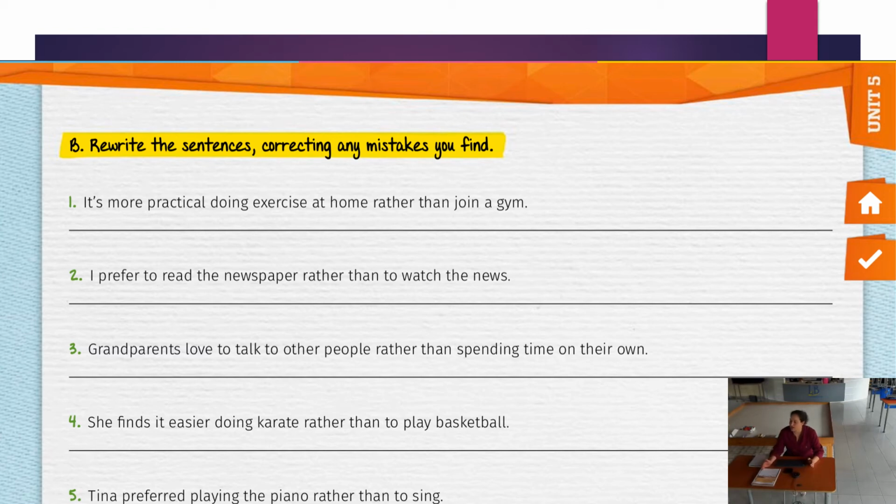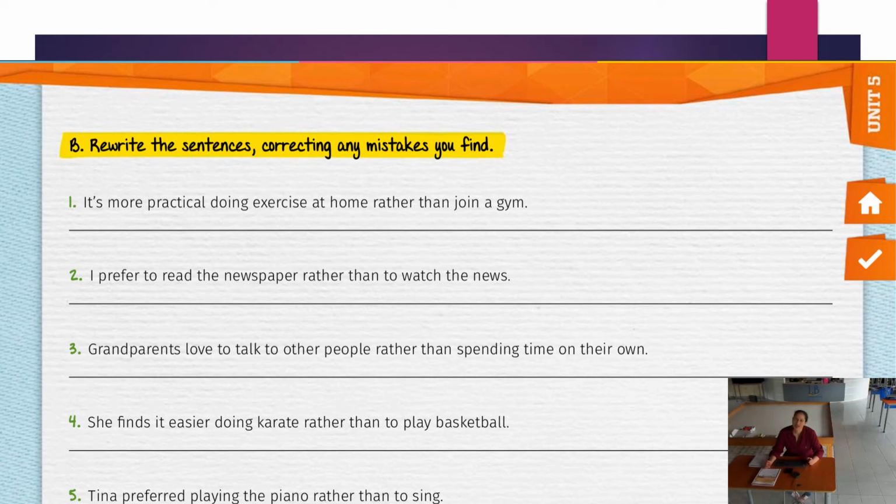Remember that you cannot combine, right, the infinitive with the gerund or the gerund with the infinitive. So read the sentence and rewrite the sentence if there is any mistake. If there is no mistake, then you don't do anything with the sentence. So look at the first one. It's more practical doing exercise at home rather than join a gym.